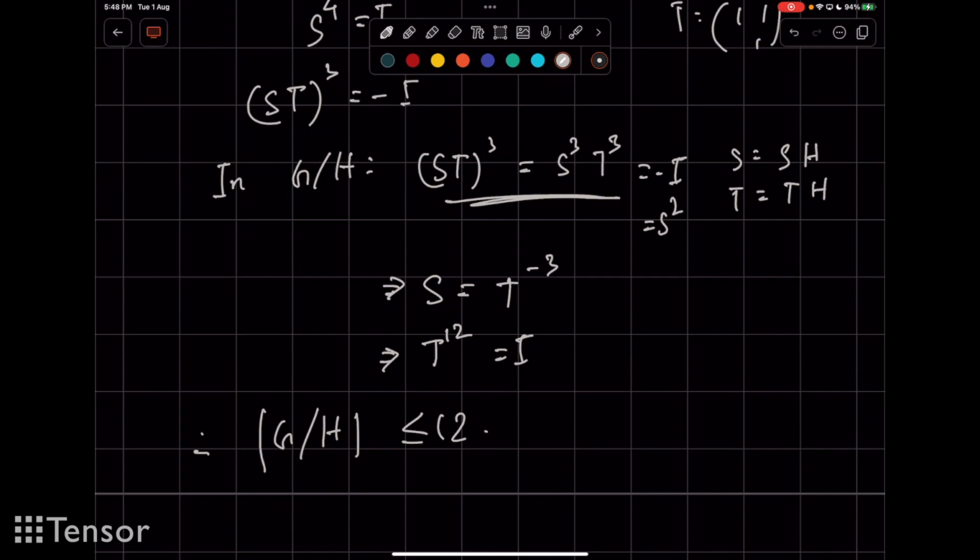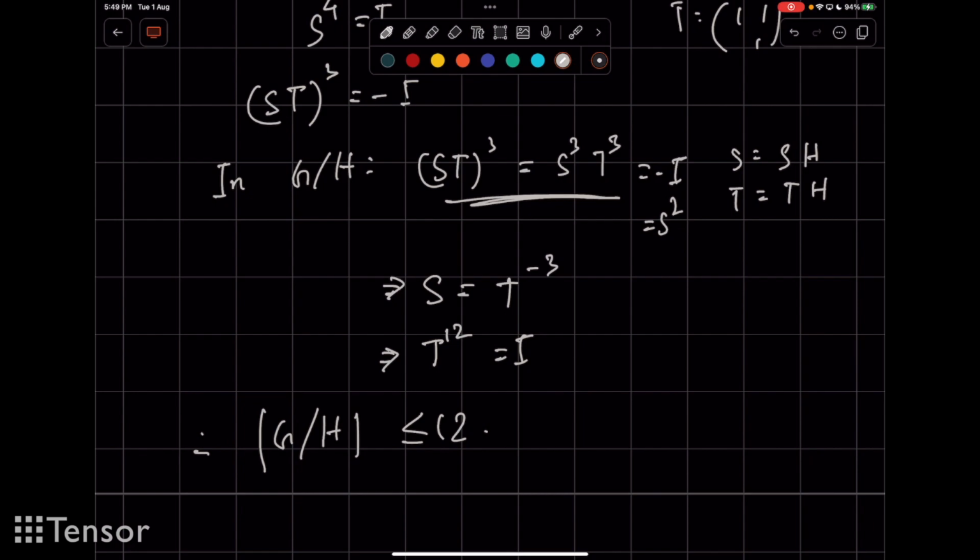Because S and T are the generators of G, so all the elements of G over H are cosets of some combination of S and T. So did I make any mistake? No, I don't think so.